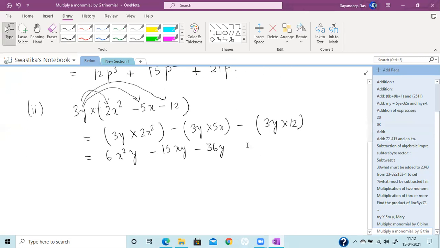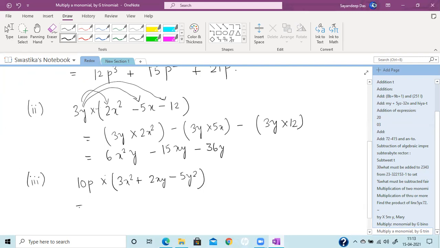Now see one more example. All the things will be clear now for you. See this. Suppose your monomial is 10p and your trinomial is 3x square plus 2xy minus 5y square.